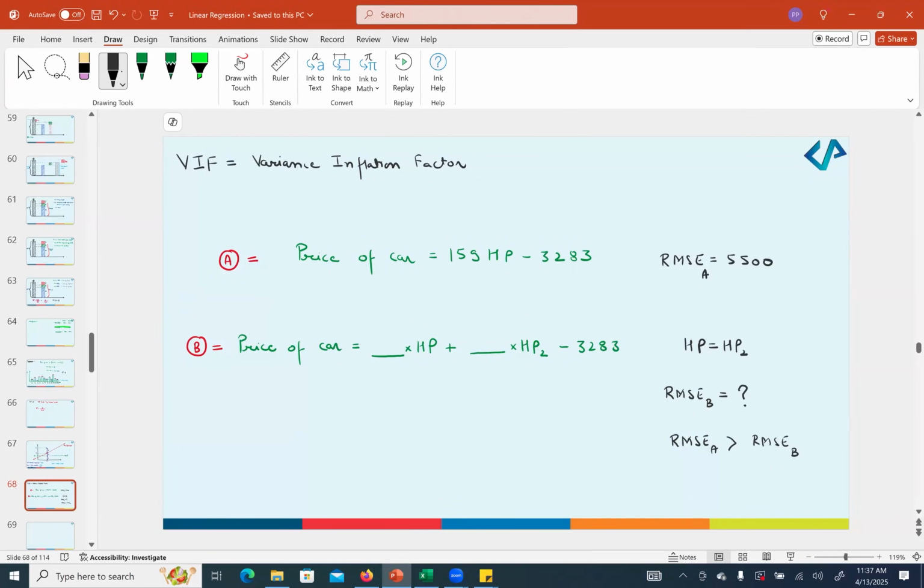Is that correct? Is everyone on board on that? Yes. But if I tell you that this is not correct, what you have told me, then can you tell me what will be the right relationship between the two?